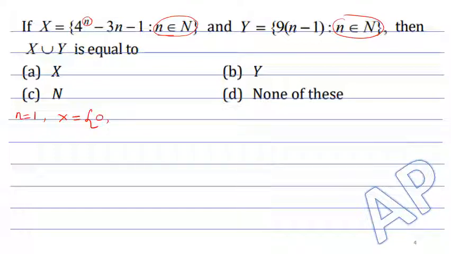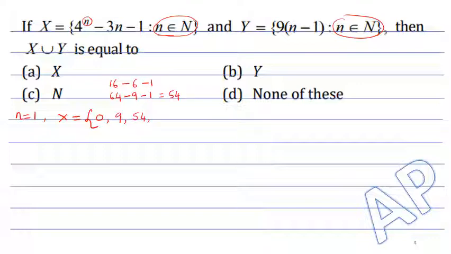When you give n is equal to 2, I have 4 square is 16 minus 6 here, 3 2s are 6 minus 1, which will be 9. And similarly, when you give n is equal to 3, I have 4 cube, that is 4 into 4 into 4, which is 64 minus, here I have 9 minus 1, that is equal to 54.